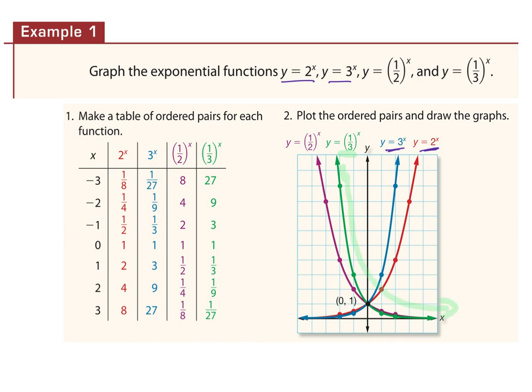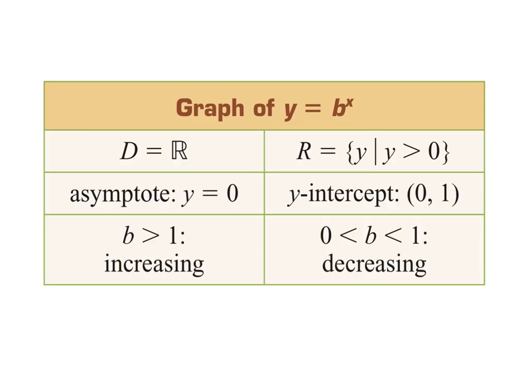And so if it is a fractional base here less than 1, you're going to see them continually getting smaller. A number greater than 1, they're going to be continually getting larger. And so this is what the graphs are telling us.